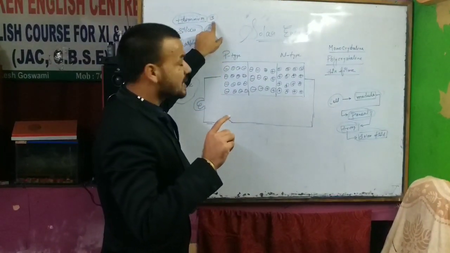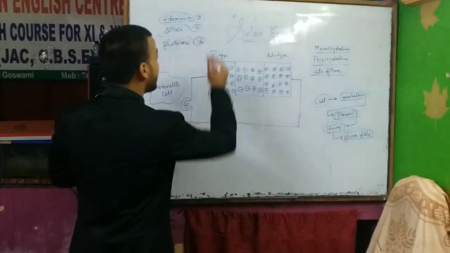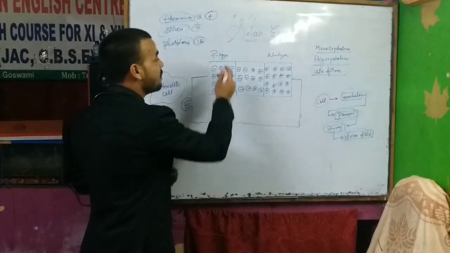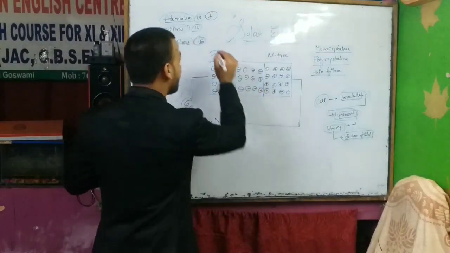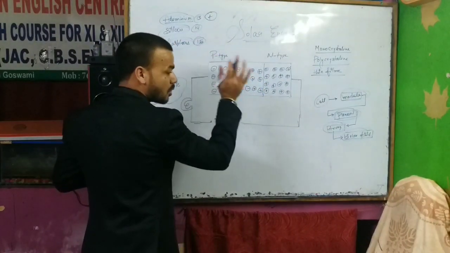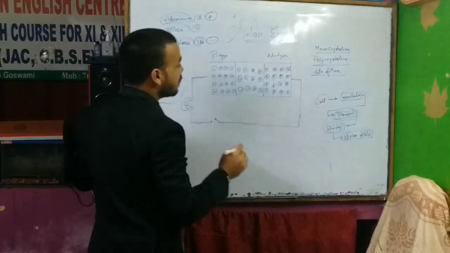3 electrons in the outer shell means what? It accepts, which means it has a positive sign. In the outer shell of phosphorus there are 5 electrons, which means it donates for making the bond, so it has a negative sign.